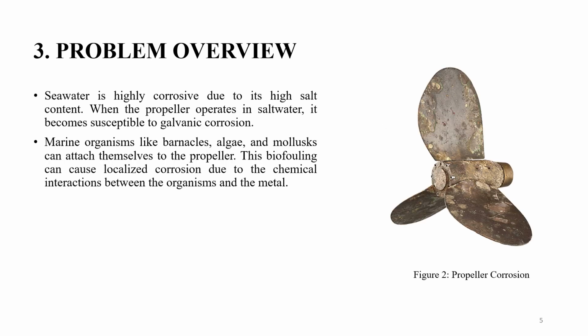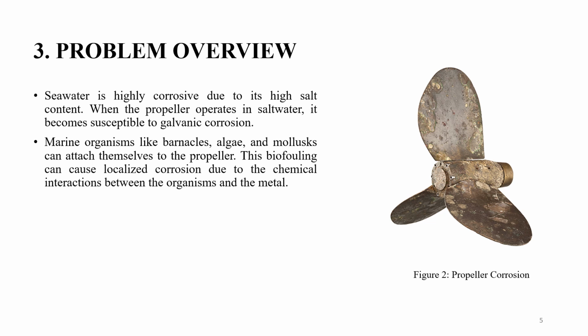The problem overview is very much in the context of the marine propeller, as seawater is highly corrosive due to its high salt content. When the propeller operates through the water at high rotational speed, there are changes in pressure which help to corrode the propeller surface, and that usually damages the interior surface of the propeller.